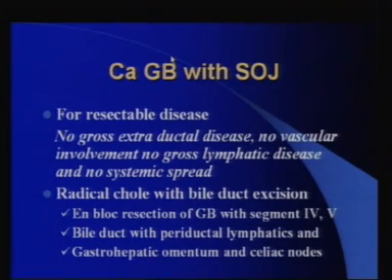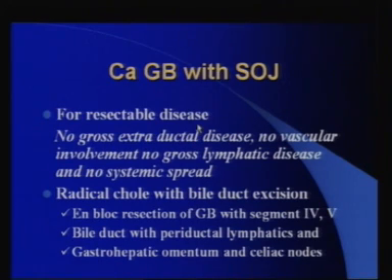I shall now talk to you about CA gallbladder with surgical obstructive jaundice. By and large, it is considered that CA gallbladder, when it presents with obstructive jaundice, is far advanced and beyond the scope of any radical curative exercise.